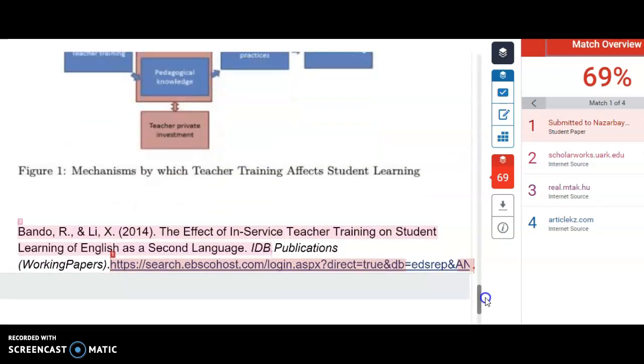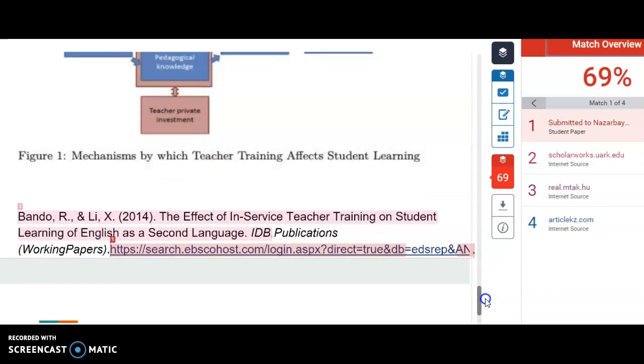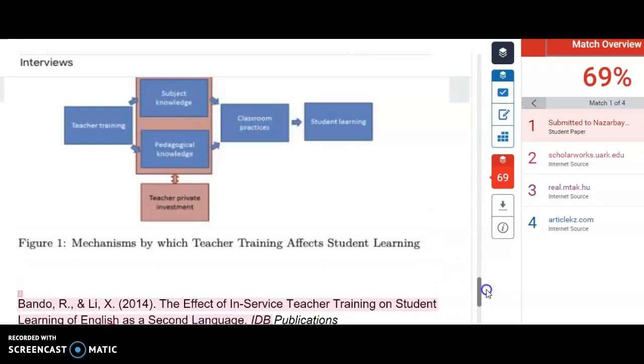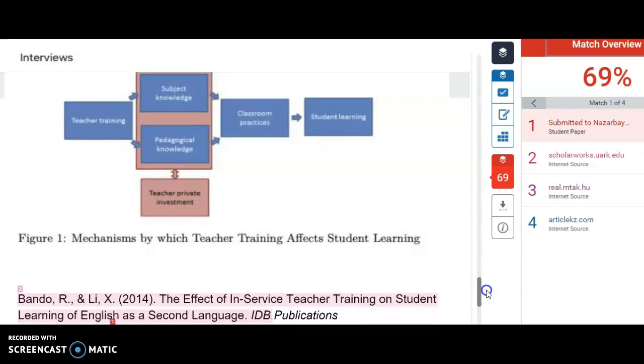How does that work? Bando really describes this very well by pointing in particular to the pedagogical knowledge that the teachers need to possess. Blah, blah, blah, you know? So you're talking about the issues, but you're talking about them as how you got inspired.